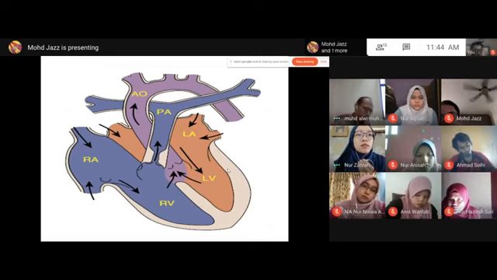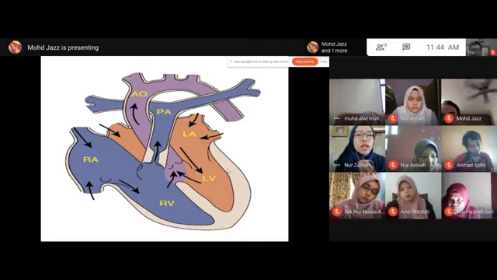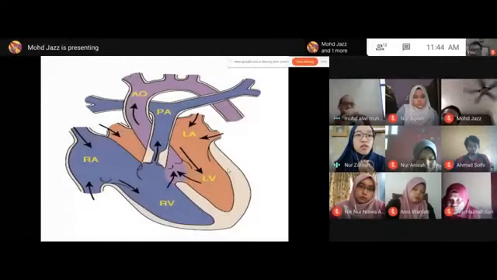So the overriding aorta, you can see from the picture, means the aorta is positioned over the ventricular septal defect itself. So the blood mixes below the aorta and goes into the aorta.